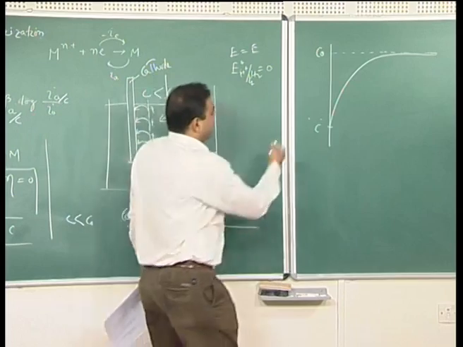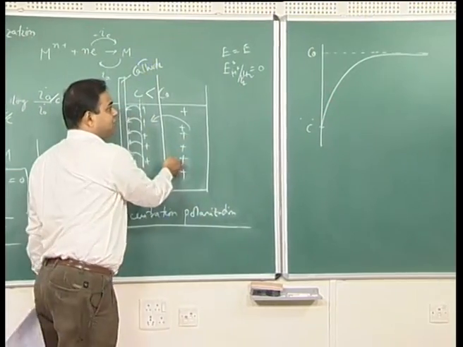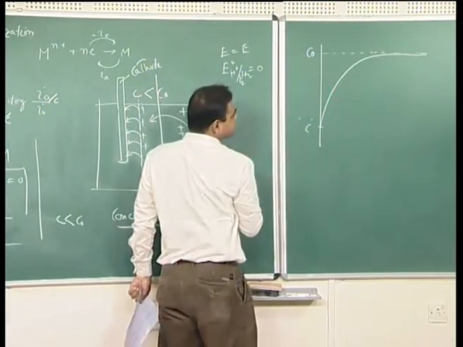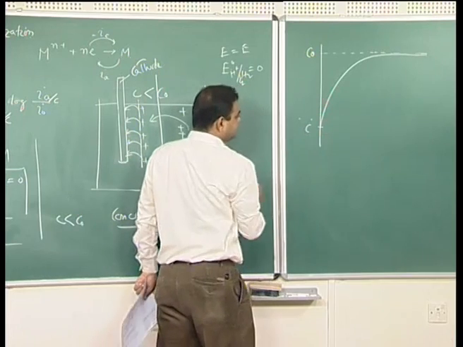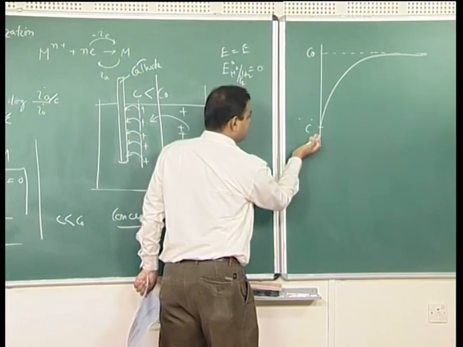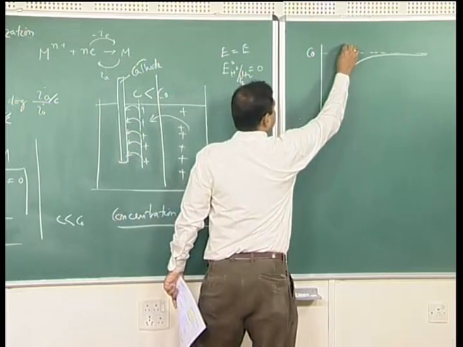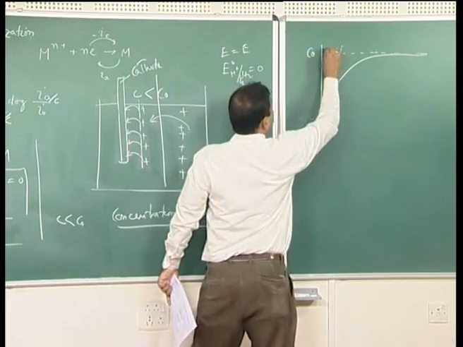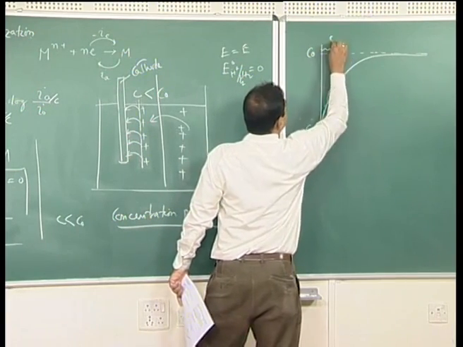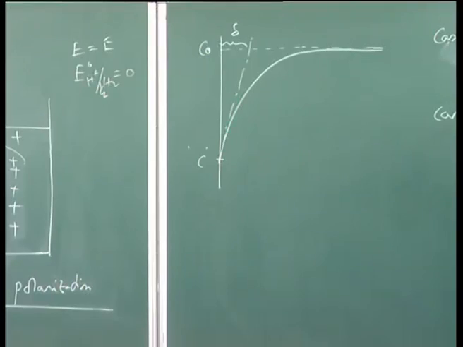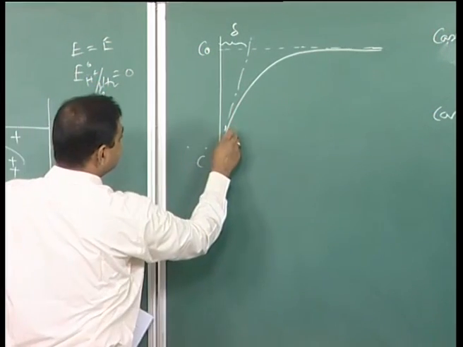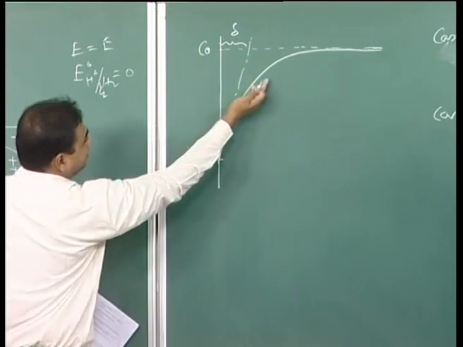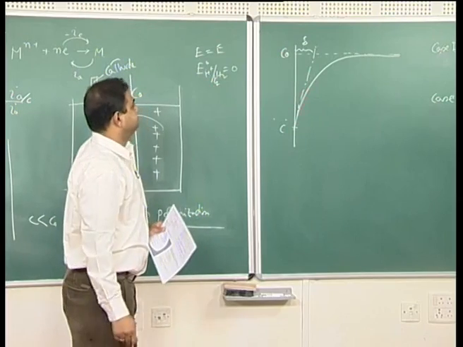So that means at a wider distance, in the bulk of the solution, would still have concentration C0, but at the metal surface my concentration of the metal ionic species would drop to C, and this is my boundary layer thickness delta. This is basically a tangent from this point on this curved line.